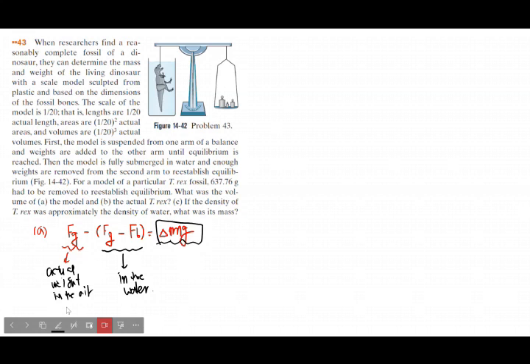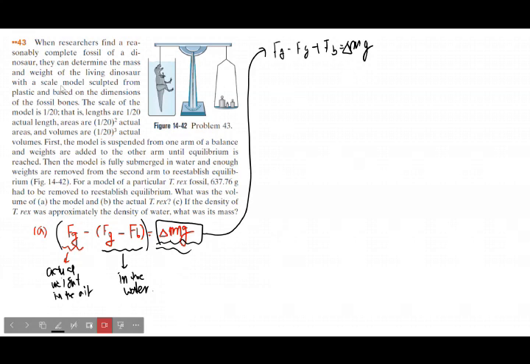Now if you simplify this formula, you can take Fg minus Fb out of the bracket, then that is Fg minus Fg plus Fb, which is delta mg, the weight difference between those two methods. The Fg terms just cancel each other, so the buoyant force is just the weight difference.